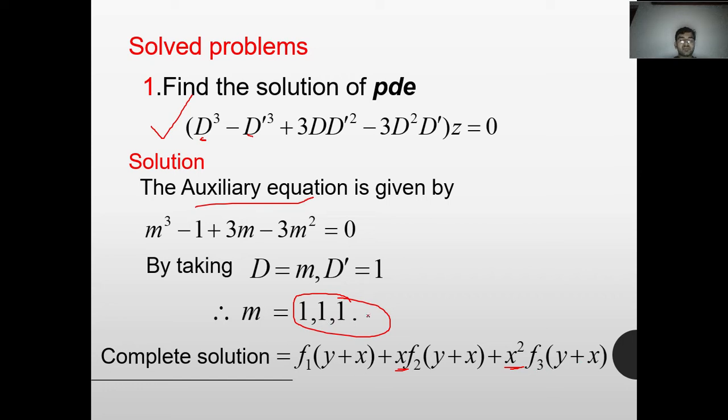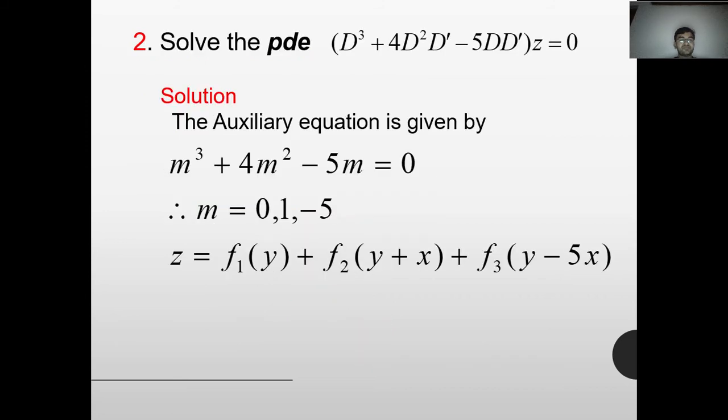Next, solve the partial differential equation D cube plus 4D square D dash minus 5D D dash z is equal to 0.